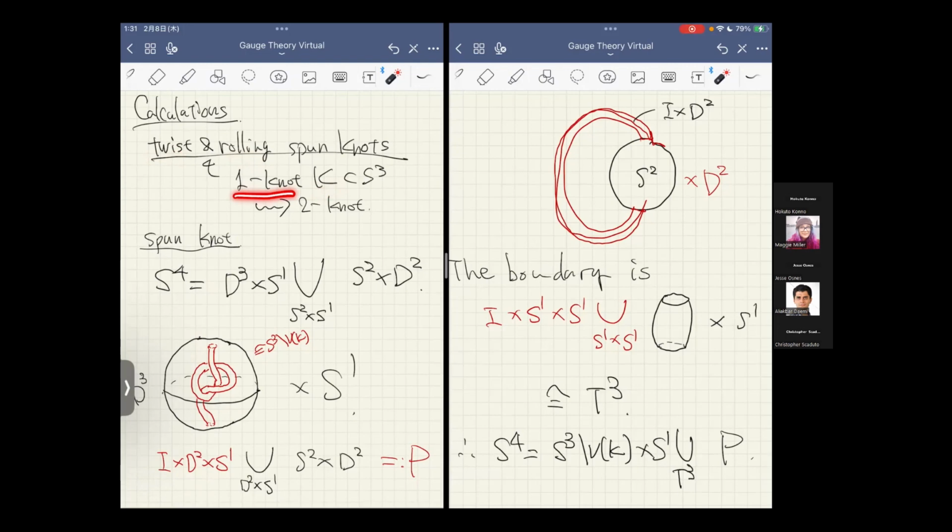This is a knot in S3. So let me explain the spun two-knot.